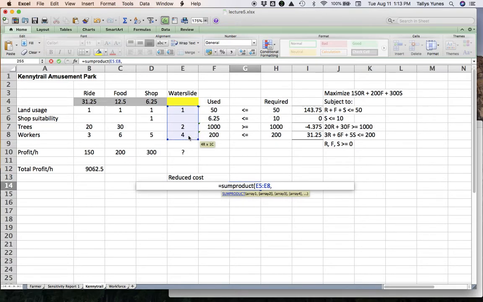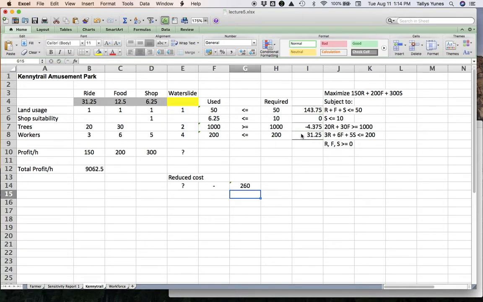These numbers times these numbers. Perfect. So the reduced cost of water slide, right? Would be whatever its profit is minus 260.